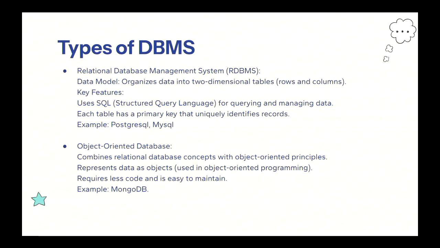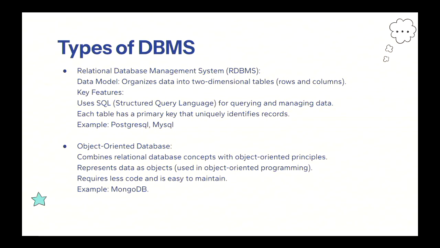So what are the real DBMS? What are the different types of DBMS? We have relational database management systems. PostgreSQL is one of the typical relational database management systems. The data models of this type of DBMS are that the data are organized in tables, different types of tables, and the key feature here is that we use structured query language to retrieve data from the DBMS.